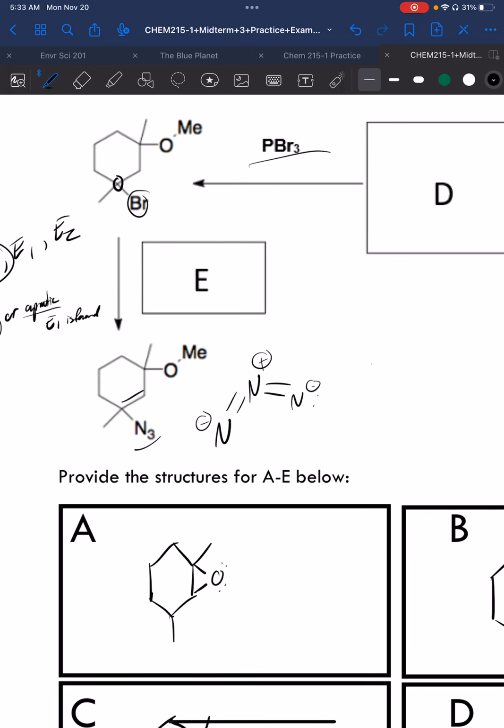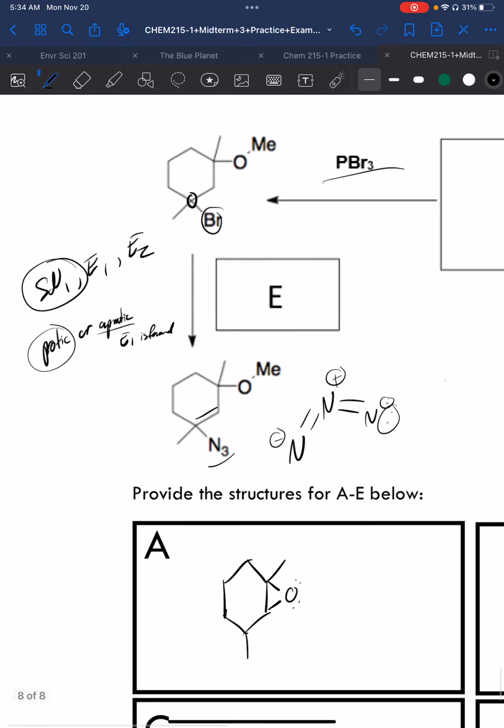So that makes sense, right? You want something that's going to lead to the bare exposure of electrons, making a good nucleophile. It's just a matter of the solvent. I would personally believe that it would be a protic solvent, which would promote the SN1 reaction over the E1.